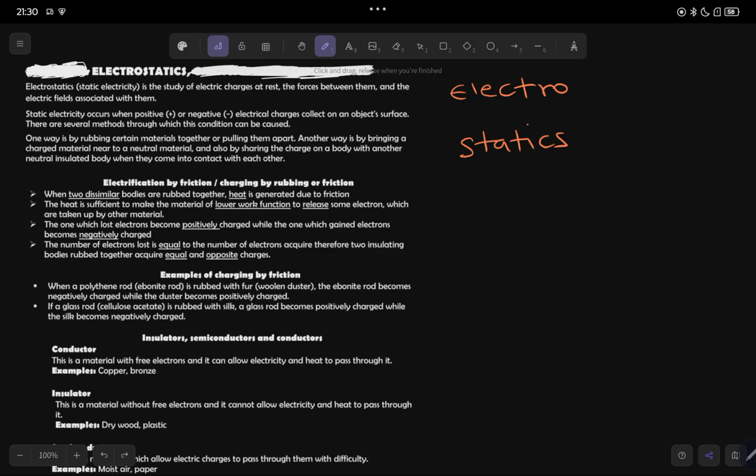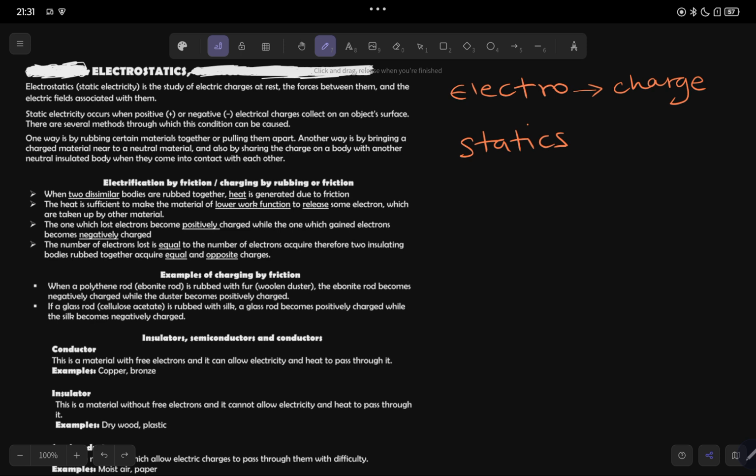Now, electro refers to electrons, comes from the word electrons, and therefore that is due to its charge, because electrons are the charge carriers that we know.